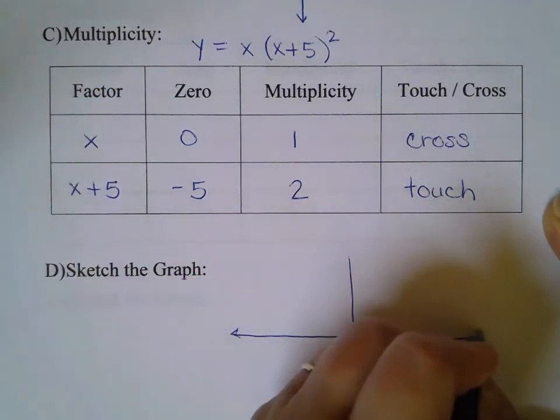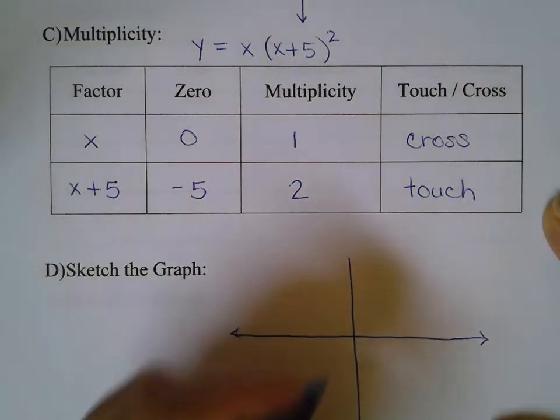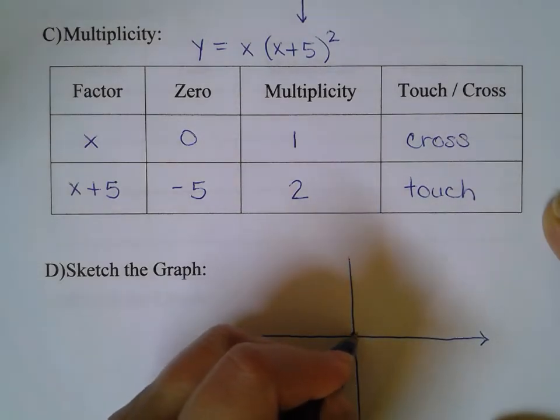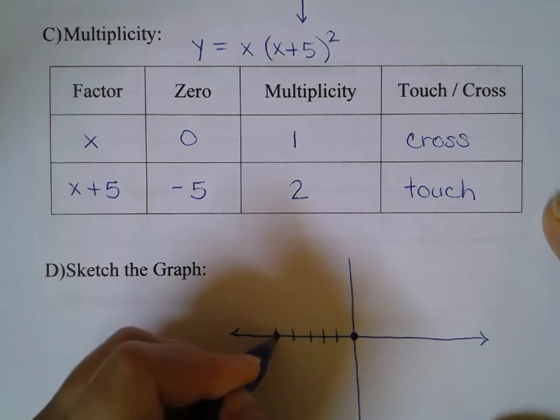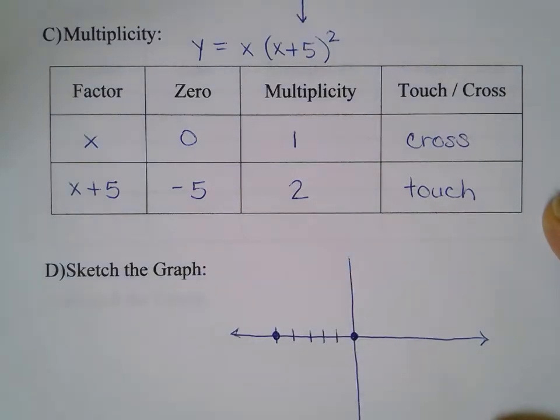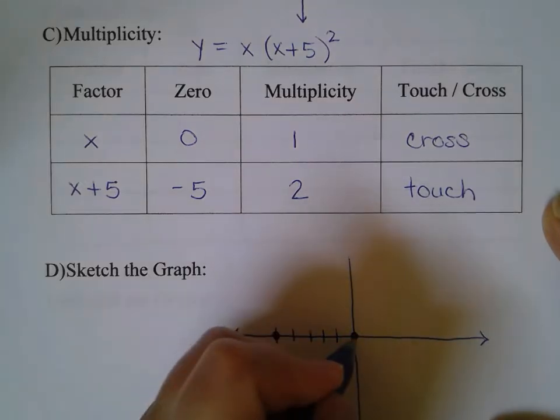So we're going to start with the zeros. So I have zeros at 0 and -5. So I'm going to mark my zeros first. Then the end behavior starts at the outermost zeros. I only have 2 this time, so that's not really an issue. But from 0 on to the right is my end behavior.